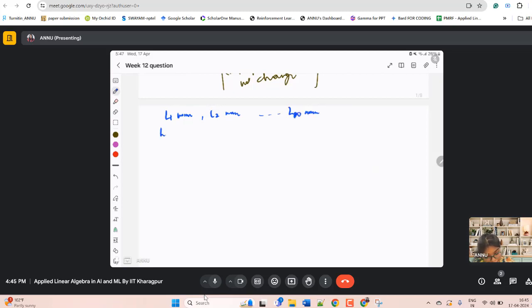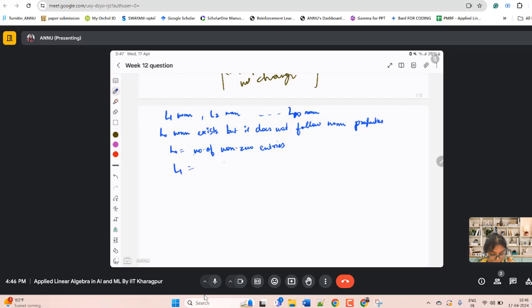Also, the L0 norm exists, but it doesn't follow norm properties. L0 is the number of non-zero entries.